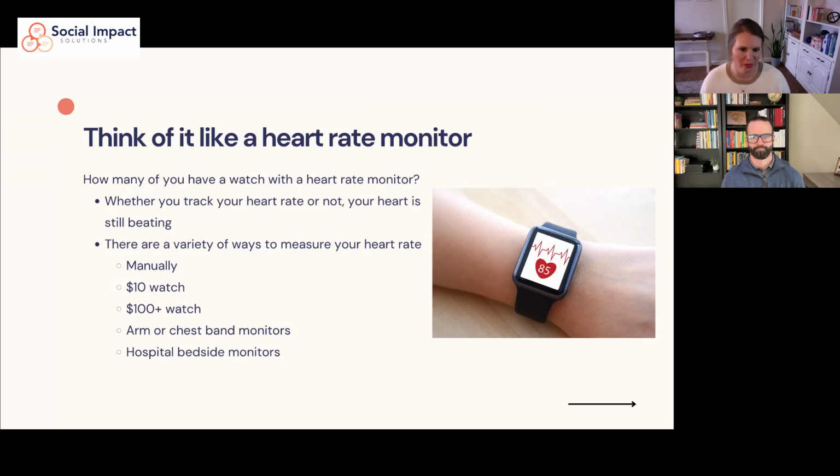A lot of us do, especially now that smartwatches are so common, but you might not ever look at those results. So whether you're measuring and tracking your heart rate or not, you still have a heartbeat. And we like to make this analogy with impact. Whether you're measuring and tracking your nonprofit's impact or your program's impact or not, you're still creating an impact. You just don't know what it is. You don't know how big it is. You don't know if it's positive, neutral, or negative.